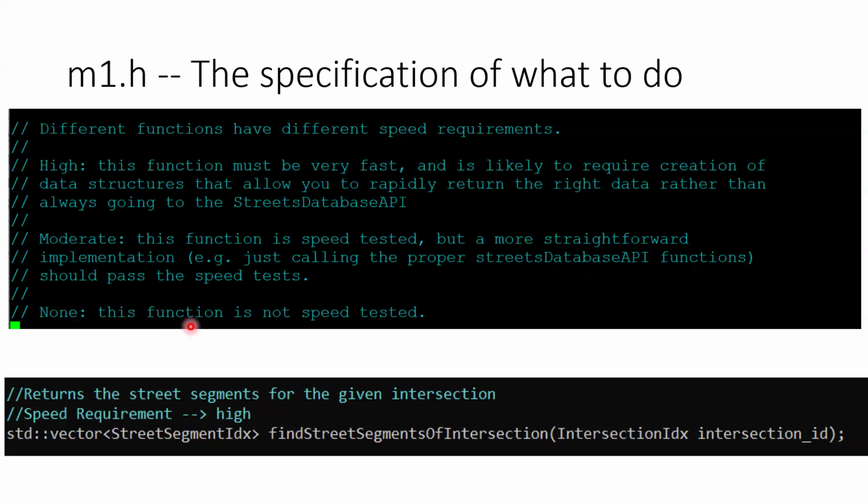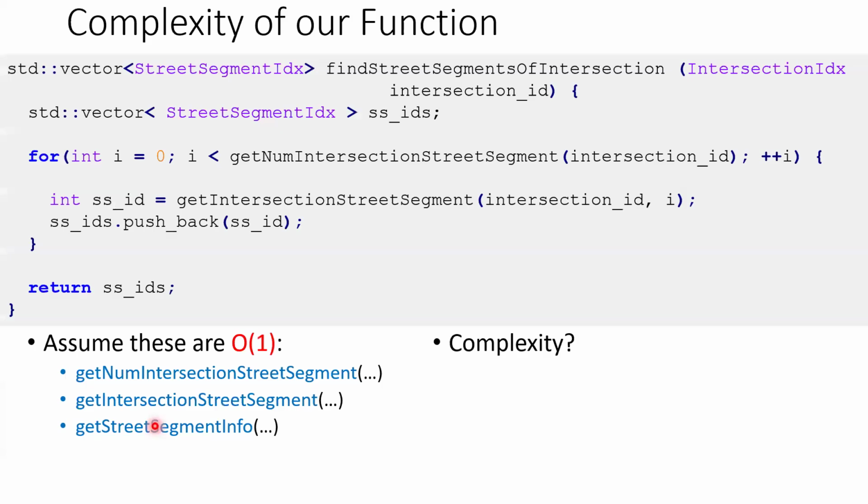And if it's none, that means this function is not speed tested. For the function we're implementing, the speed requirement is high. So we have to create some global variable. What's the complexity of this function, assuming that all three of these functions are O(1)?